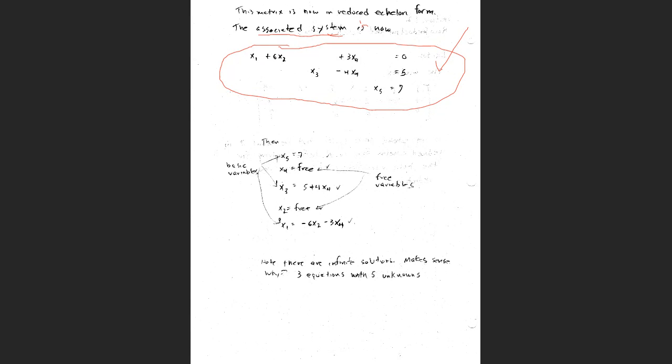We have more, that's right, we have more variables than equations. In other words, we have 5 unknowns, but only 3 equations. Now, I want to be careful.